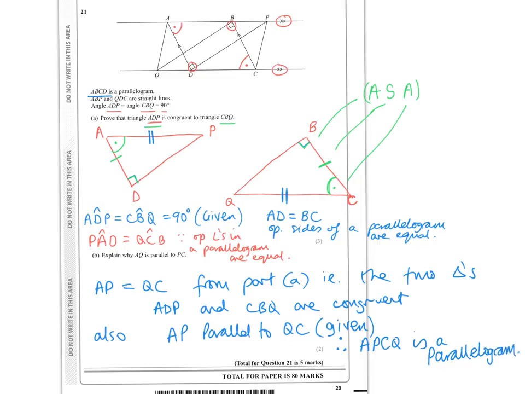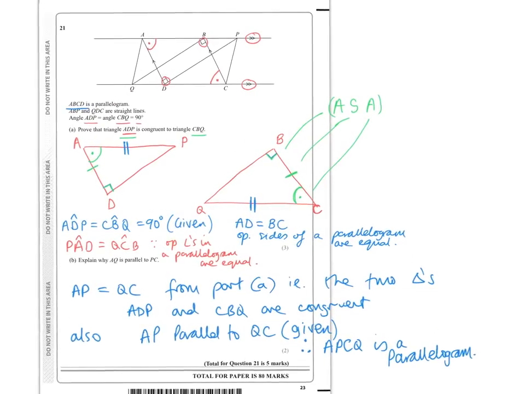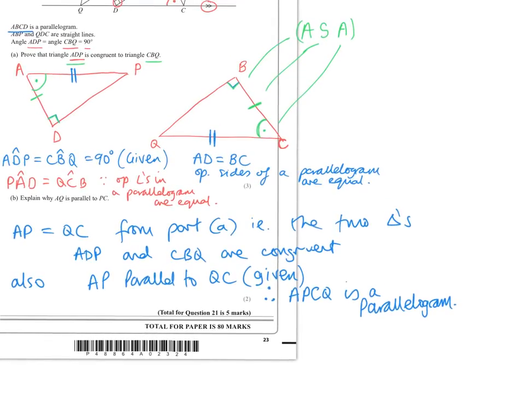And so finally we're now at the stage where, because APCQ is a parallelogram, we can finally say that AQ is parallel to PC. So I'll just write that there. So therefore AQ is parallel to PC.